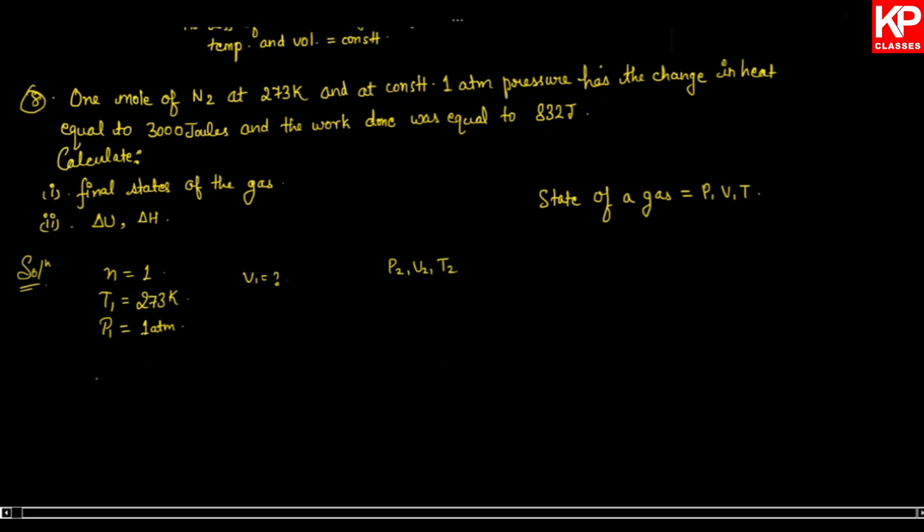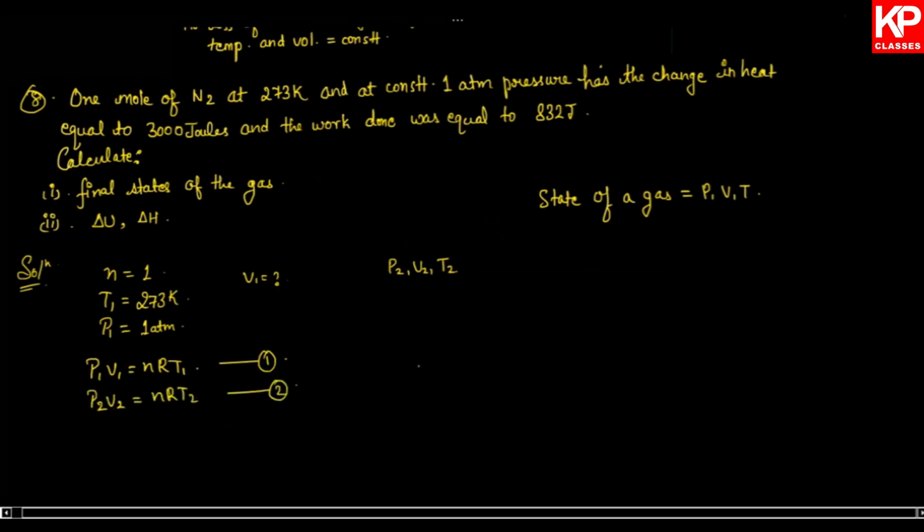By the gas law, P1 V1 is equal to nRT1; say this is equation 1. And P2 V2 is equal to nRT2; this is equation 2.